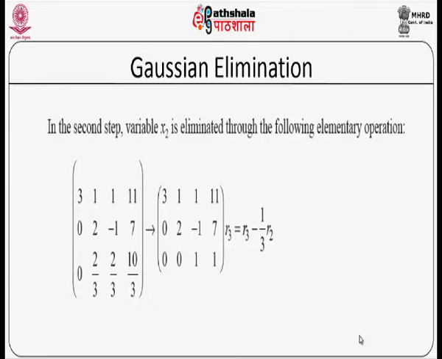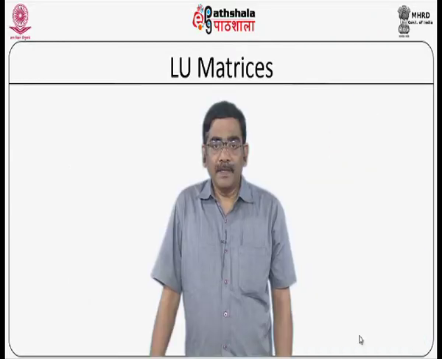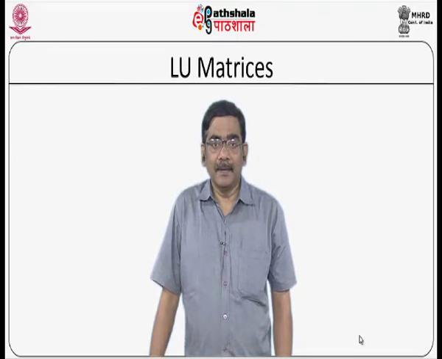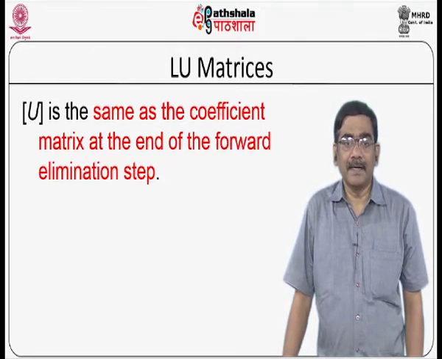Now, you can see that we have a reduced system of equations using which we can find the unknowns. So, now from this we can find the matrices L as well as U. U is going to be the same as the coefficient matrix at the end of the forward elimination step.